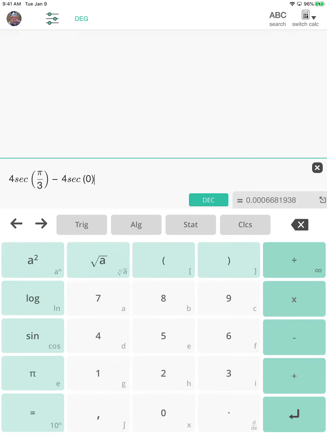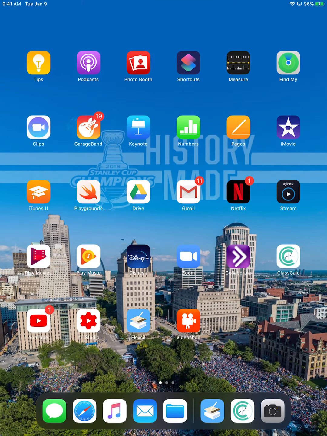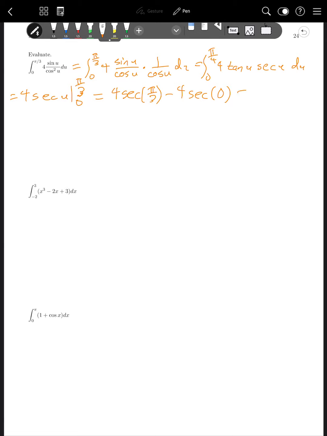And one thing you may be noticing is that I did get a decimal, but there's actually a reason I'm getting a decimal when I might expect a whole number answer, which is my calculator was not in radians. So I click degrees at the top, hit that little toggle switch to change it to radians, and I get 4. Okay, so this definite integral is 4.